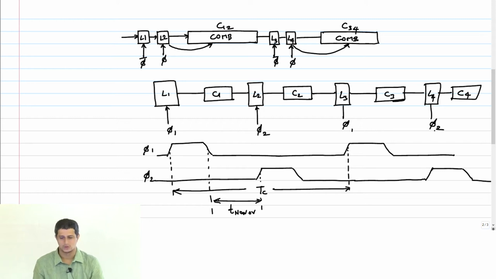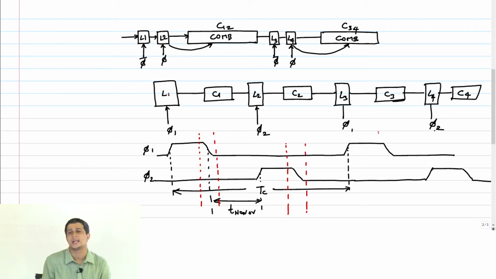Just to remind you, the setup hold window in red that we have to draw is actually here, for both phi 1 and phi 2. By default the latch L1 that I draw is a positive latch. If I want to make it a negative latch, I put a circle here, then the clock will get inverted and it becomes a negative latch.